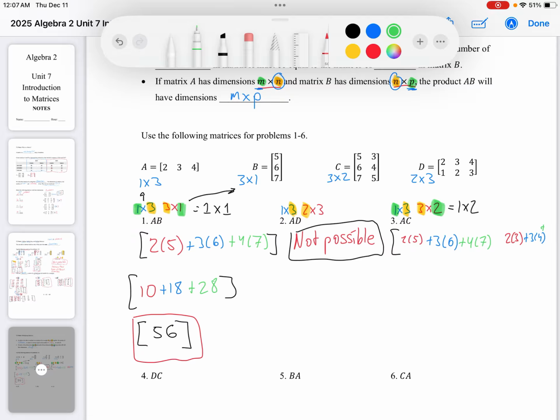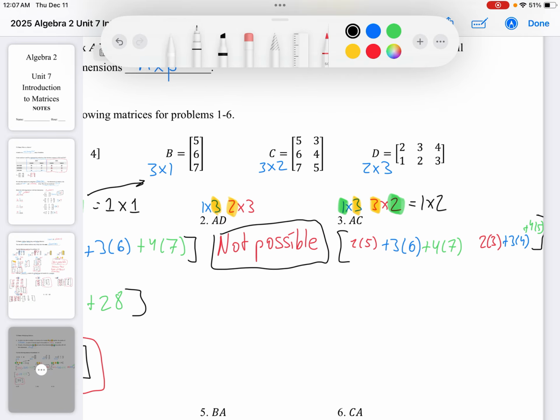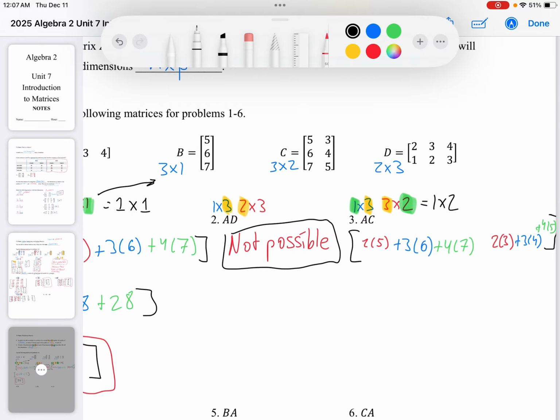So let me get that in here. Plus 4 times 5 is how we get these numbers for this matrix. Now I know that's kind of scrunched together. I'm sorry about that, but we'll just make it work. So we've got these things to multiply and then add together, and then these things to multiply and add together to get my 2 numbers for this 1 by 2 matrix.